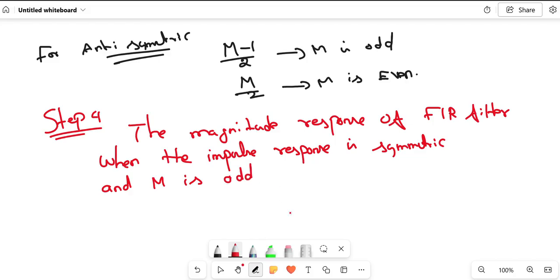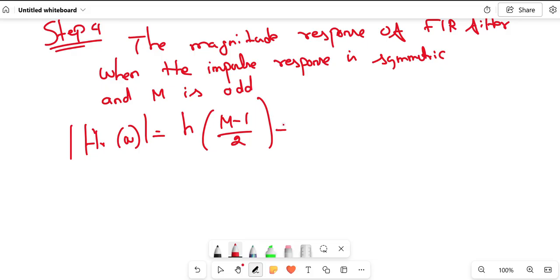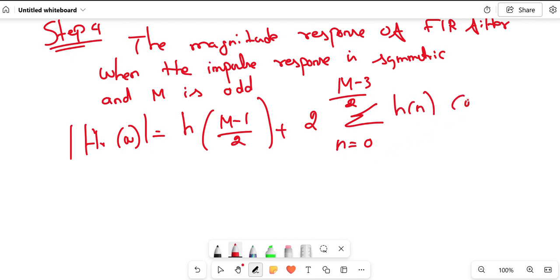What is the formula? Last problem also we solved the same. HR of omega is h of M minus 1 by 2 plus 2 into the summation of n equals 0 to M minus 3 by 2 h of n cos omega of M minus 1 by 2 minus n.